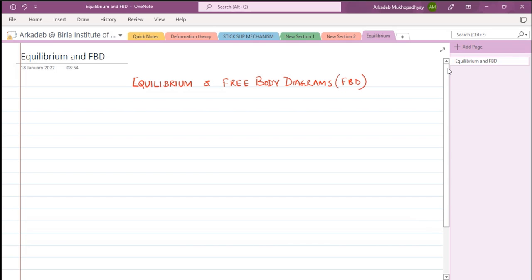Now, presently in this module, we are learning mostly about statics, and it deals with equilibrium when the body is in static condition. Okay. And we are going to deal with the force or moment necessary and sufficient to maintain equilibrium.